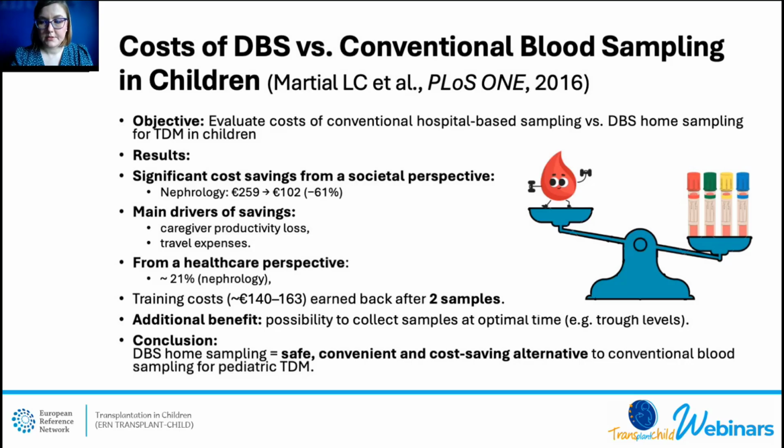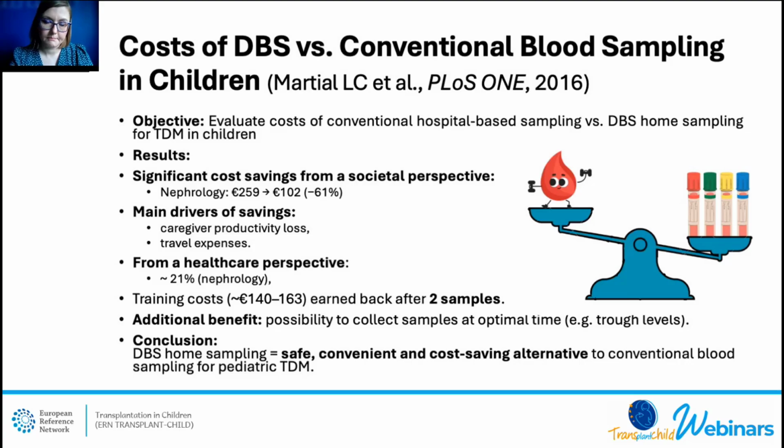This study compares these two options in hospital-based sampling versus making that at home. The results show that the cost reduction was more than 60% from the social perspective, mainly by reduced caregiving productivity loss.